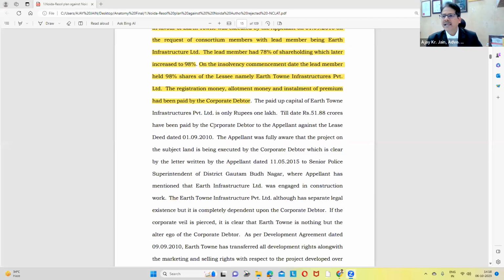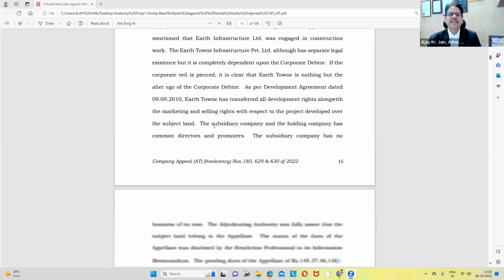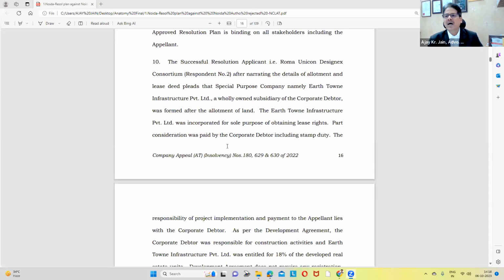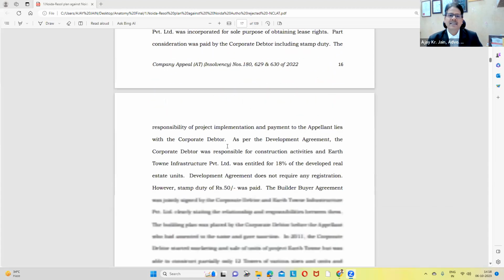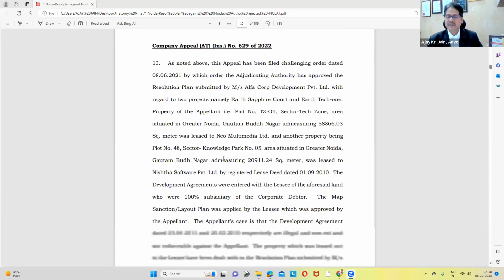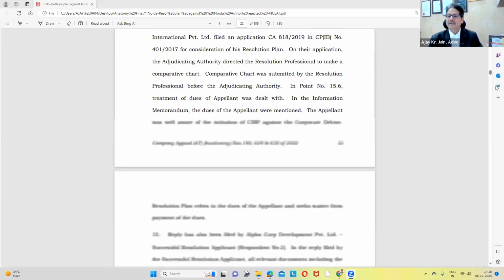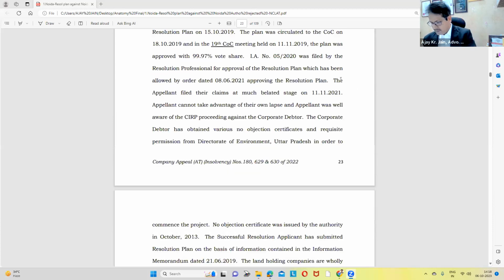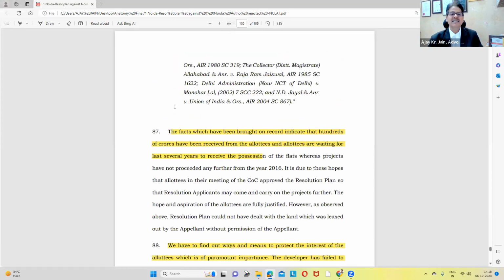Then Noida Authority approached before NCLAT and raised the objection that how this resolution plan can be approved without the consent of the lessor. Now come to the relevant portion of this, page 105.